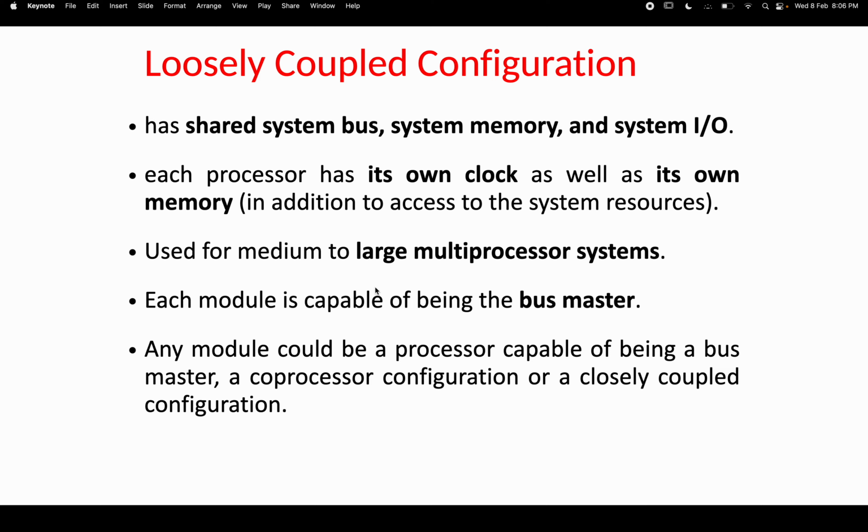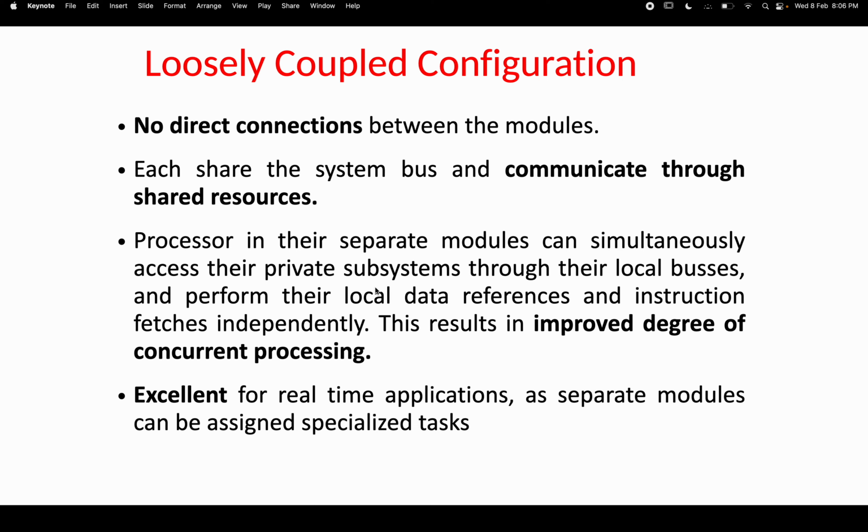So this loosely coupled configuration will have multiple configurations. A coprocessor configuration may be a part of this loosely coupled configuration, as well as a closely coupled configuration. One of the main advantages in this loosely coupled configuration is that there are no direct connections between the modules.